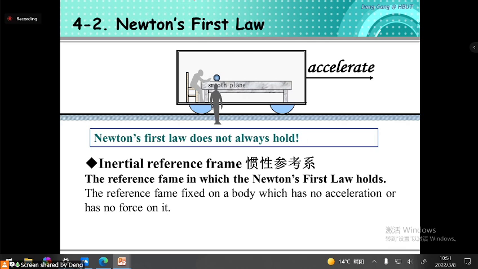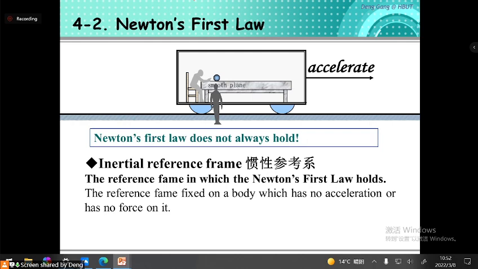But this definition cannot help us determine which reference frame is inertial, so we need this explanation: the reference frame fixed on a body which has no acceleration, or has no net force on it, or the net force on it is 0.